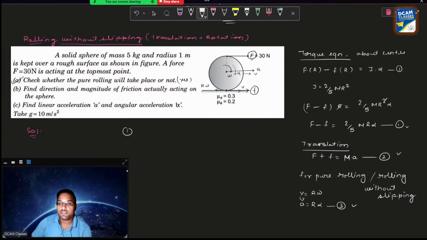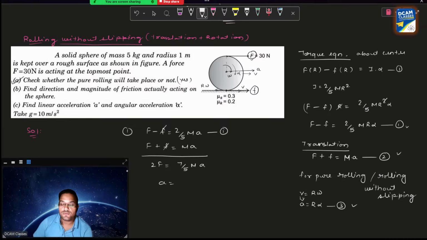From the first equation, capital F minus small f is equal to 2 by 5 m a. Capital F plus small f is equal to m a. So add them to solve. 2F is equal to 7 by 5 m a.